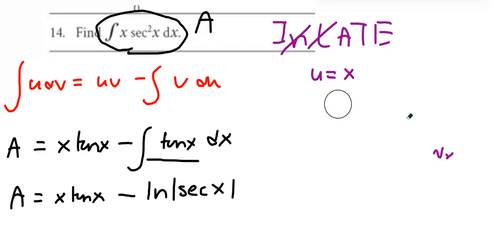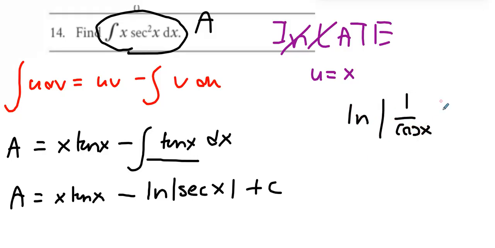Now, we can fix that up slightly, can't we? I'll show you a classic way we can fix this up. Would you agree that it's ln 1 over cos x? Which is technically ln 1 minus ln cos x. And what is ln 1? 0.